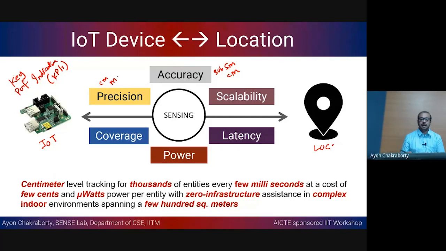How many IoT devices or entities can this scale up to? Can it track 100 different devices simultaneously, or just up to 10 devices? And why is this scalability important?